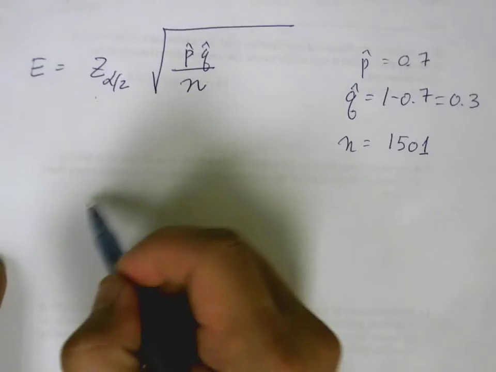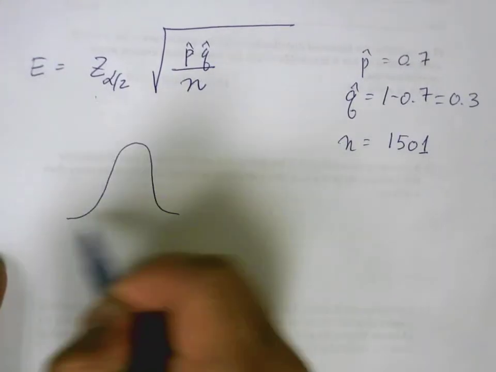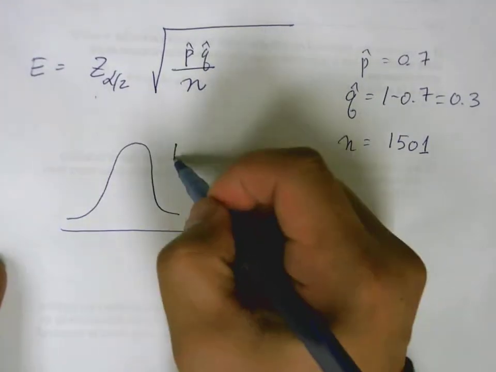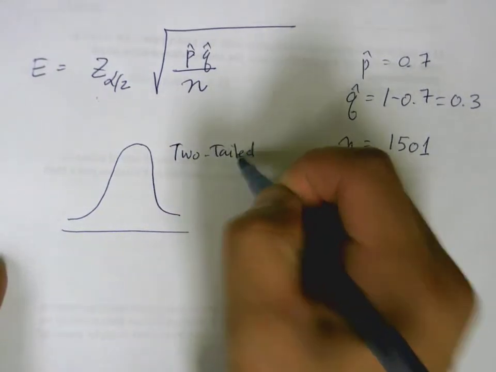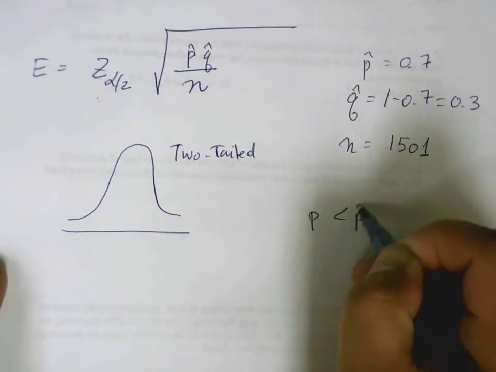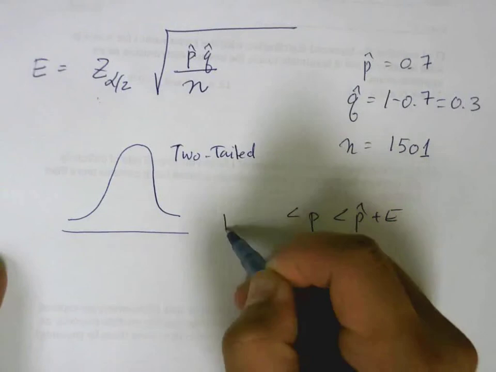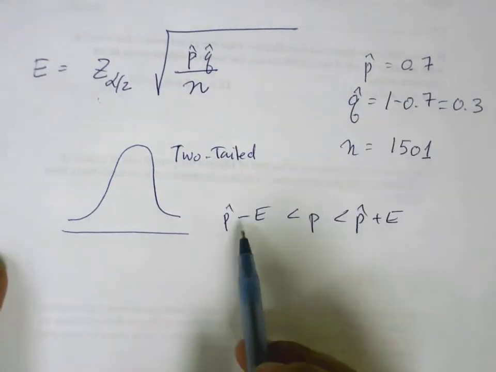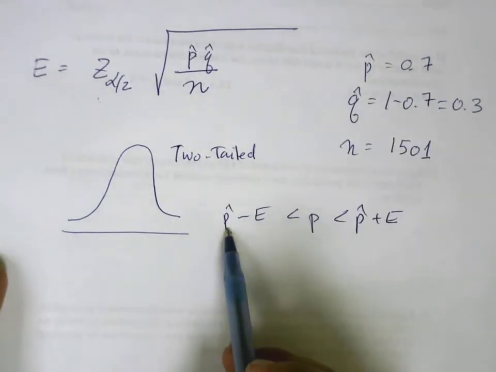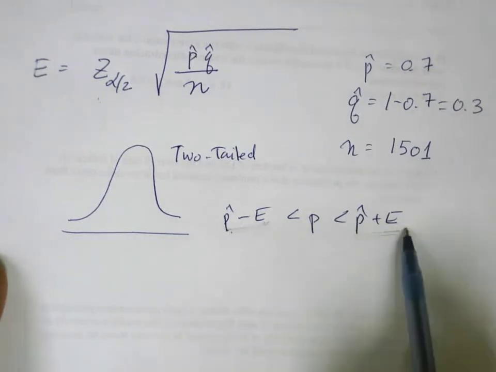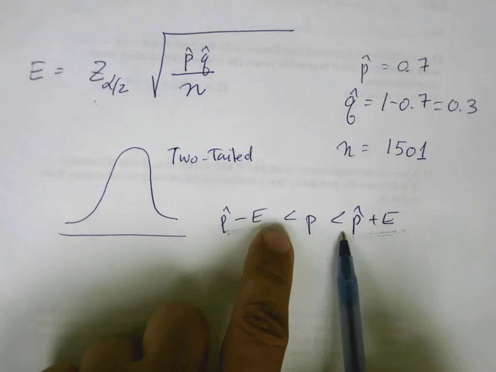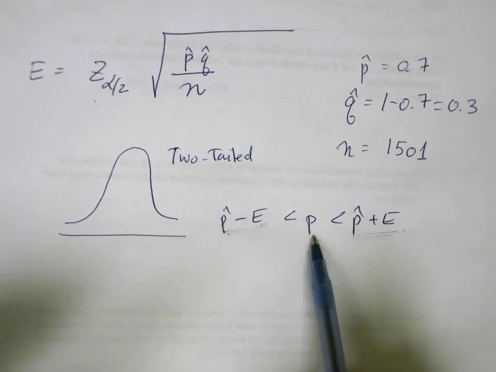Well, if the confidence level is 95%, and in this case we're talking about a two-tailed test, because ultimately we are going to create this confidence interval. So there is a lower bound for the things that are too extreme, there's an upper bound, and we're going to try to narrow in on the correct population proportion as much as we possibly can.